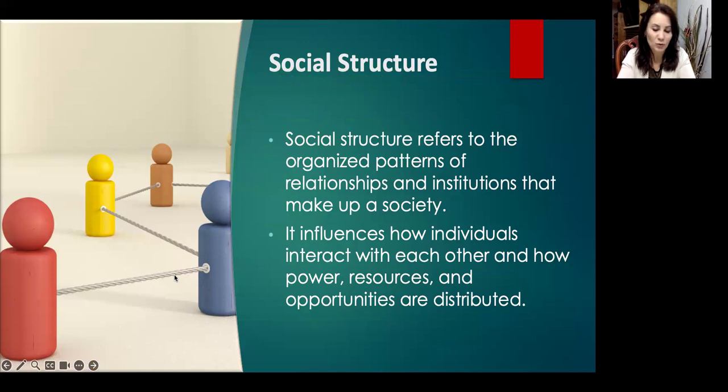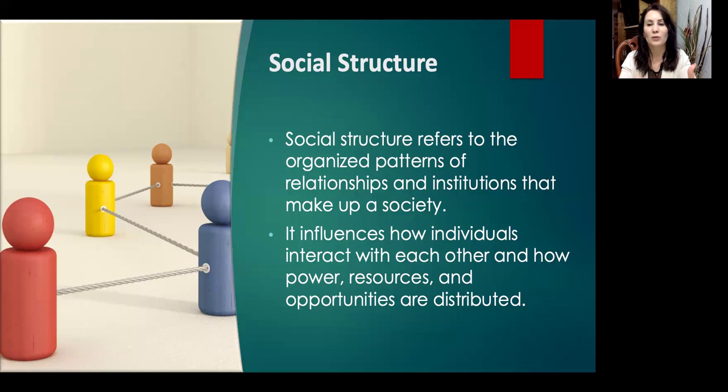So what is social structure then? Probably the briefest definition would be: social structure refers to the organized patterns of relationships and institutions that make up society. So there are institutions, there are people, and they are interacting with one another.